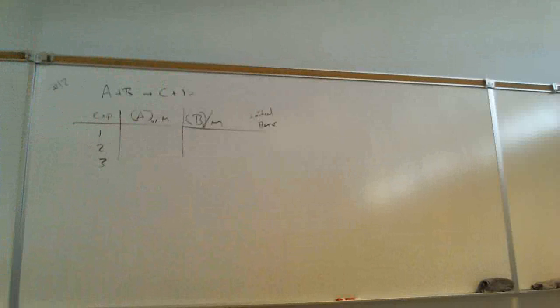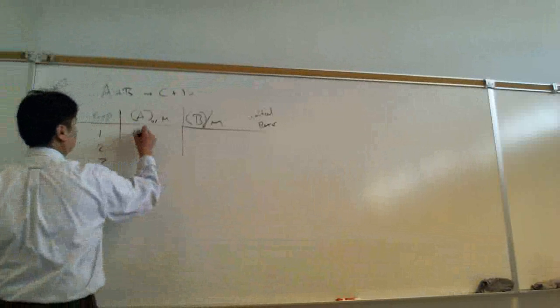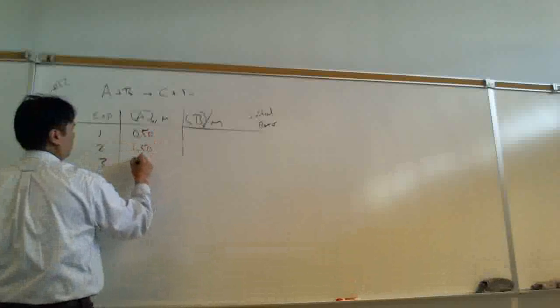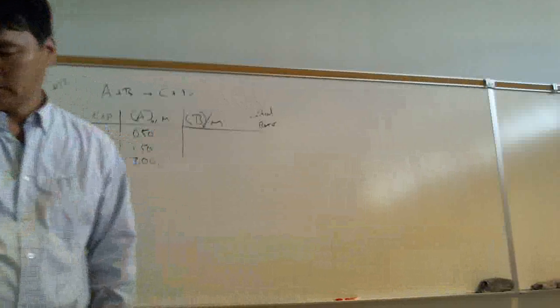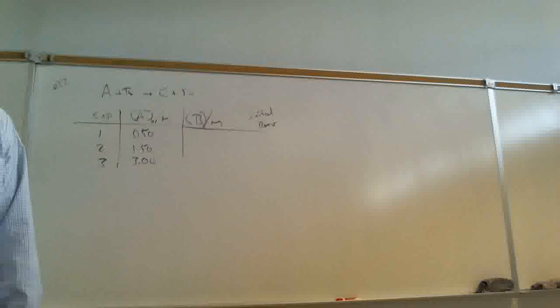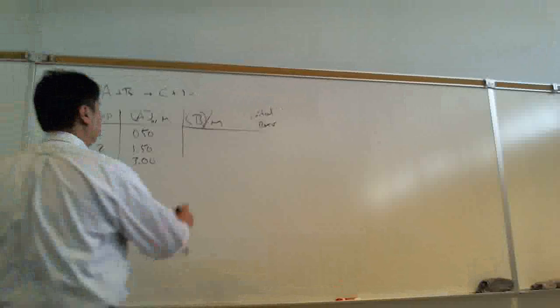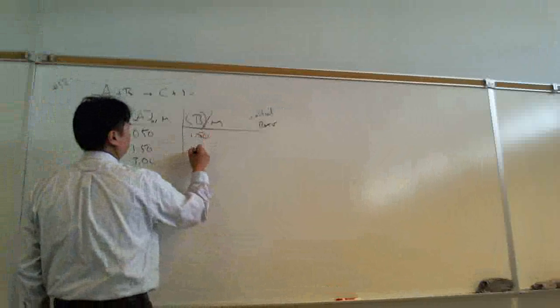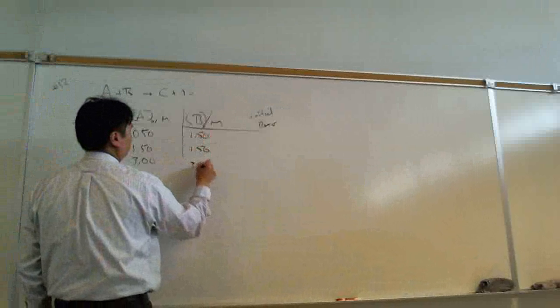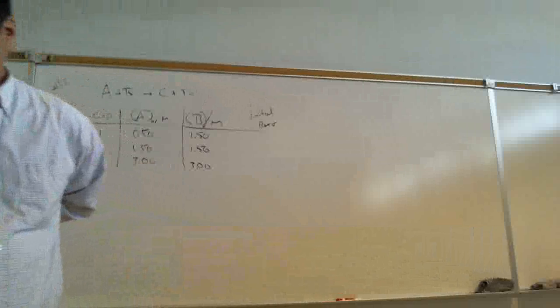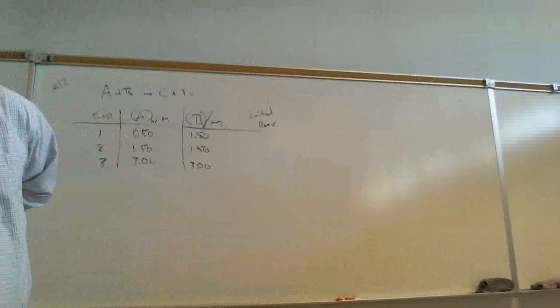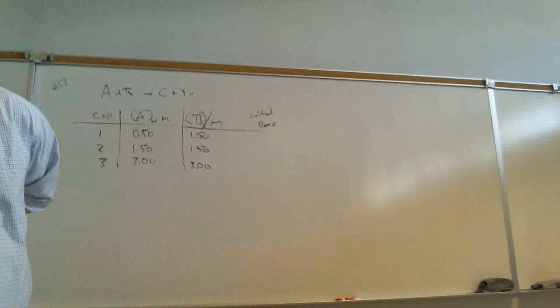0.5, 1.5, 3.0. Those last two, so 1.5, 3. Then we look at the initial rates. 4.2 times 10 to the minus 3.